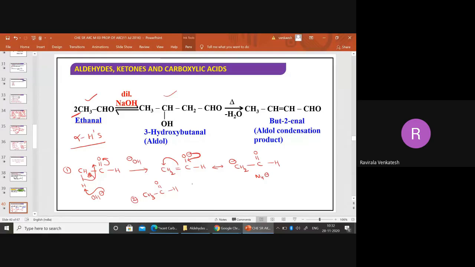Now the second mole, CH2 minus C double bond O H, is reacting with this one. It is attacking on this carbon, and the pi bond will be shifted over like this.